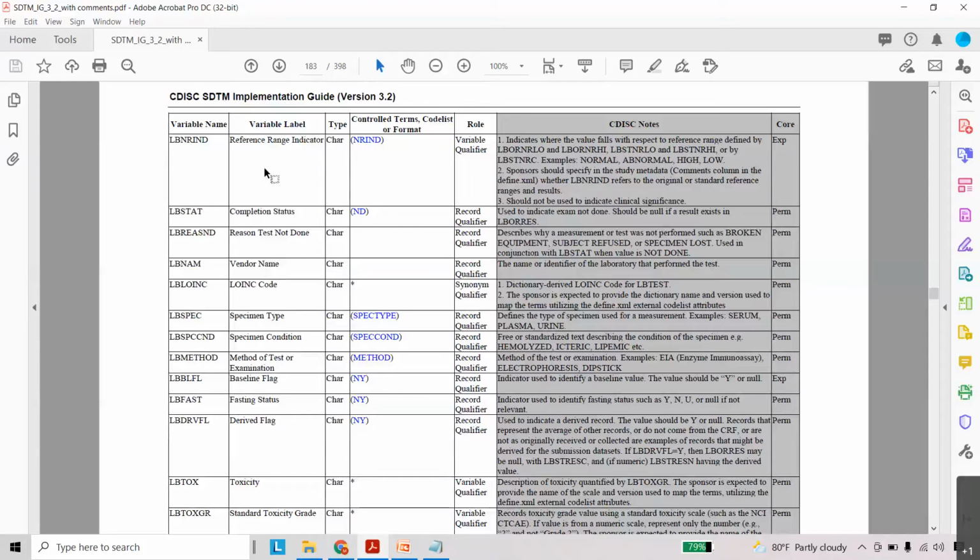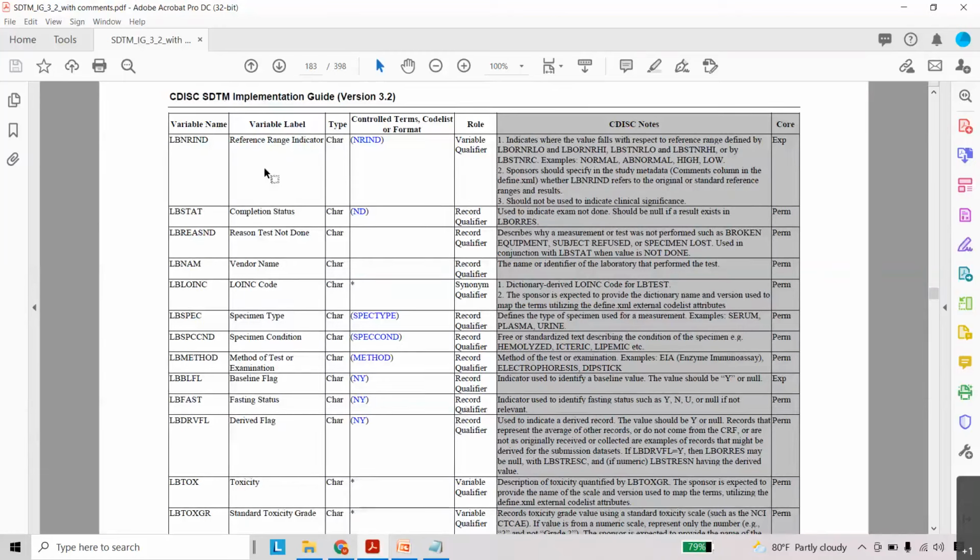In that case, the indication of that laboratory standard result is normal. Because the range is 5 to 15 and the result is 10, the result is within normal. That's why the LBNRIND value is normal. If the result is 25, then it becomes abnormal or high.